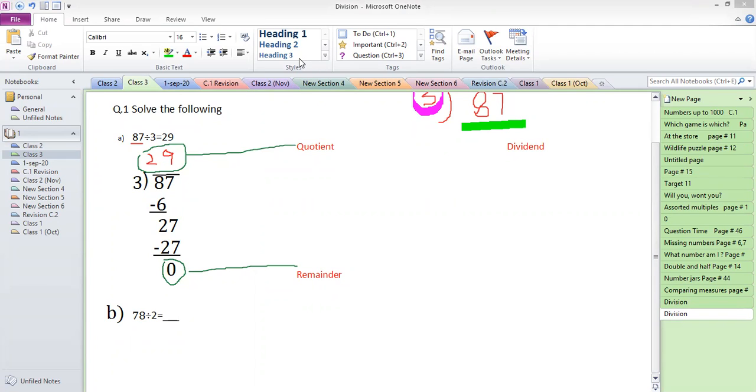Those who are saying 39, they are wrong, because I am asking about the dividend. Is 39 the dividend here? What is the dividend here, guys?